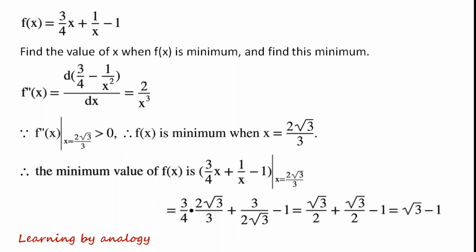Simplifying this, we have root 3 over 2 plus root 3 over 2 minus 1, which is equal to root 3 minus 1.